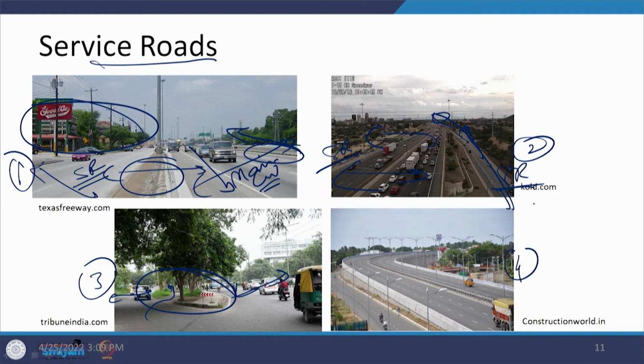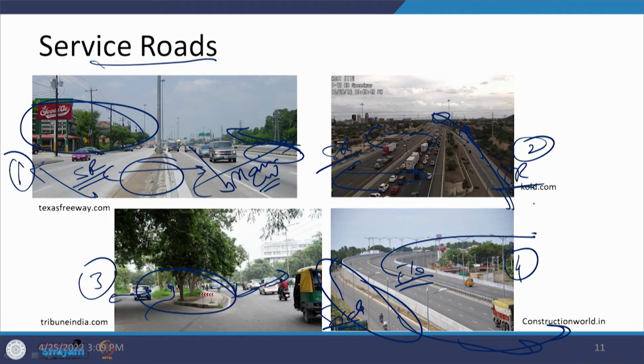In case 4, there is an elevated system being provided, and its connectivity with the side development is to be looked at. This road will have a connectivity at this point, and as it goes away, this remains here and takes care of the traffic which is induced or attracted to the local development.